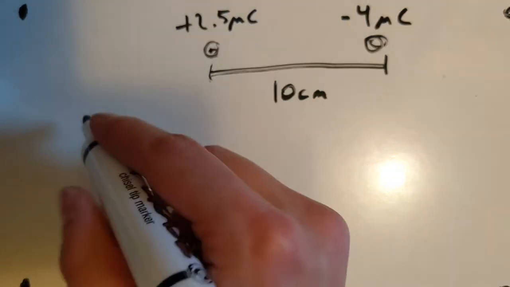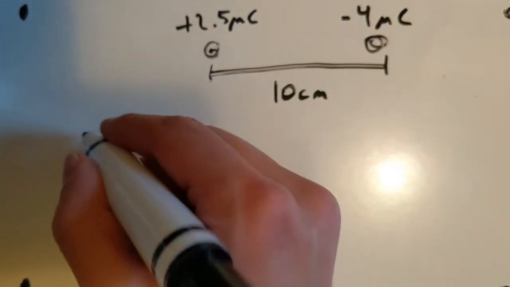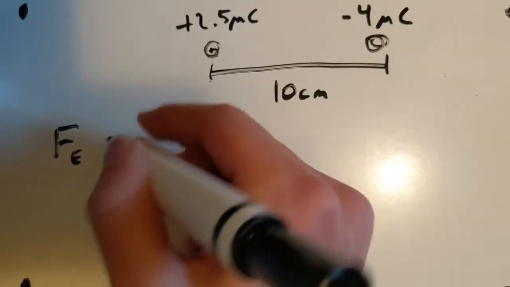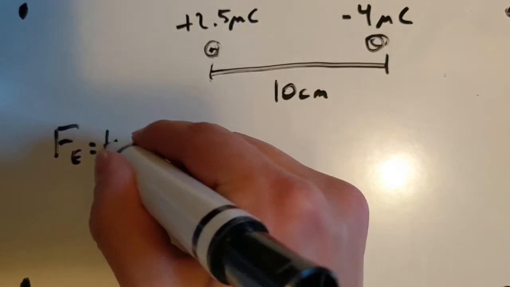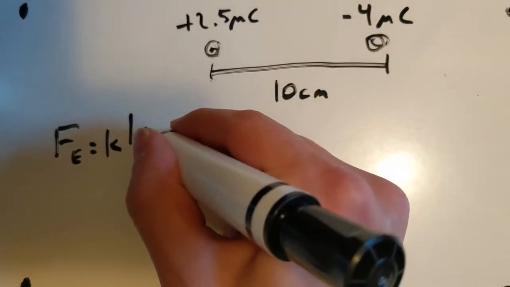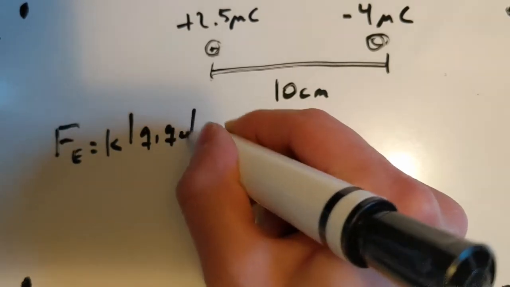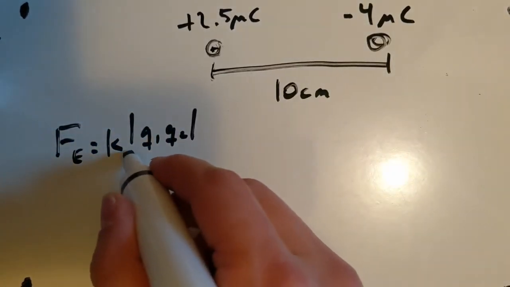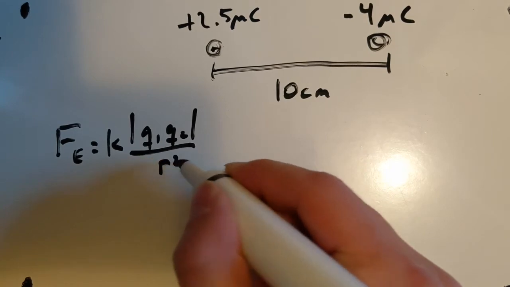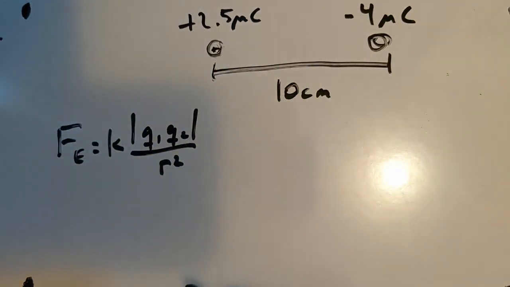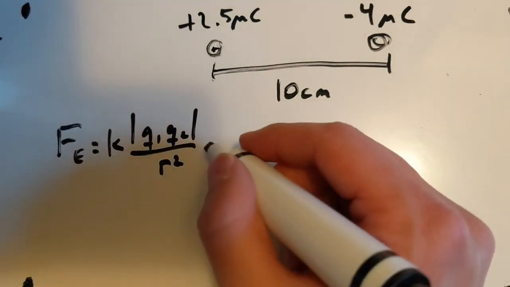If we remember from previously, we have Coulomb's equation, which is the force between two charges is equal to K times the absolute value of charge 1 times the absolute value of charge 2, all over R squared. So we know charge 1, we know charge 2, we know the distance, and we should be all set.